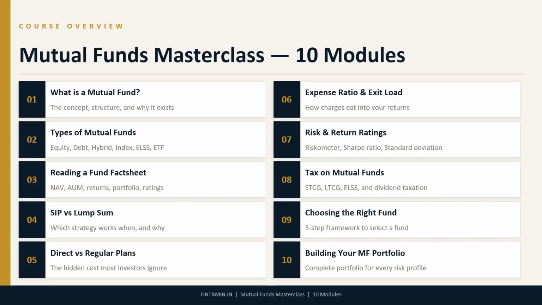Module 5 is one of the most important, that is, direct versus regular plans, a difference that can be worth lakhs over time. Module 6 and 7 cover charges, risk ratings, and how to evaluate. The tax module covers STCG, LTCG, ELSS, and tax harvesting. Module 9 gives you a 5-step framework for choosing the right fund. And Module 10 builds your complete mutual fund portfolio.